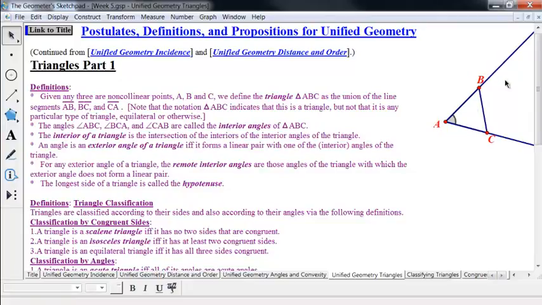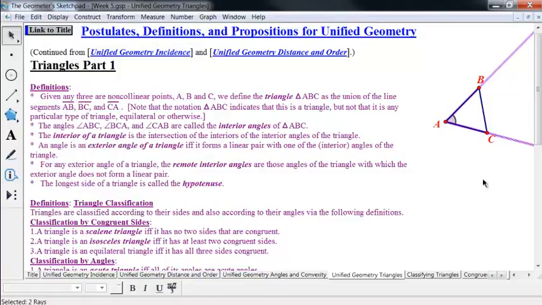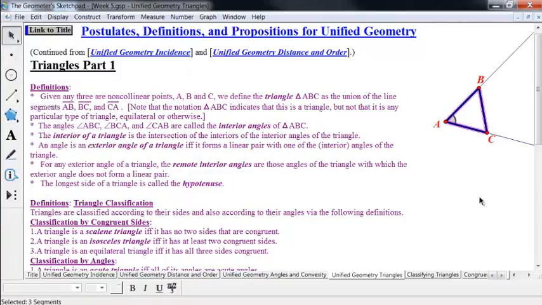Okay, so let me make that thin. And so that's the angle that we're talking about. But of course, this figure right here is the triangle.